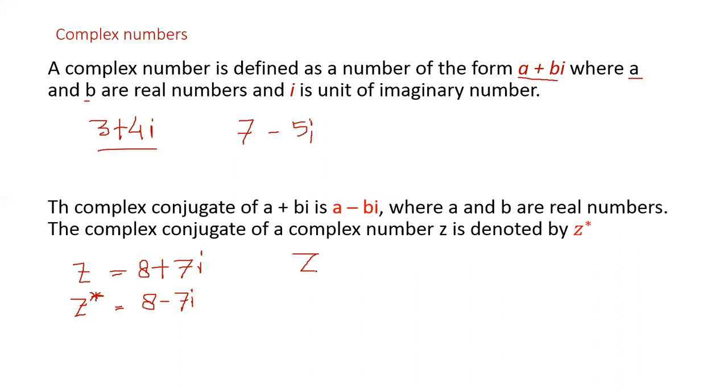Or if z equals 5 minus 9i, the conjugate of z equals 5 plus 9i, like this. Okay, so that's the understanding of complex numbers and conjugates of complex numbers.